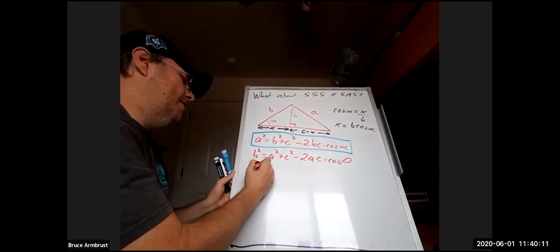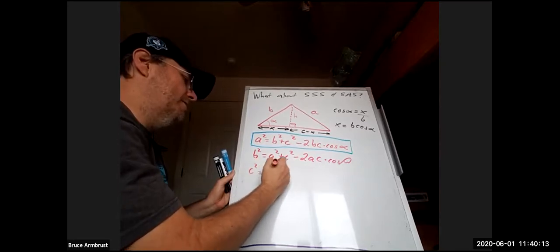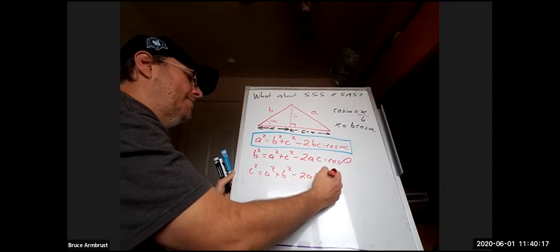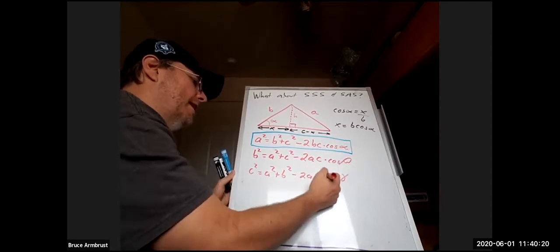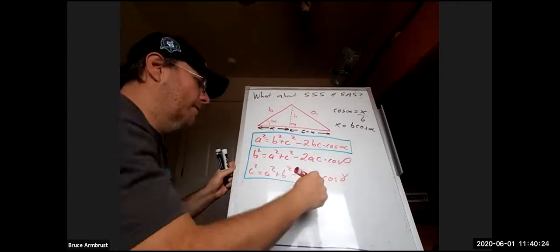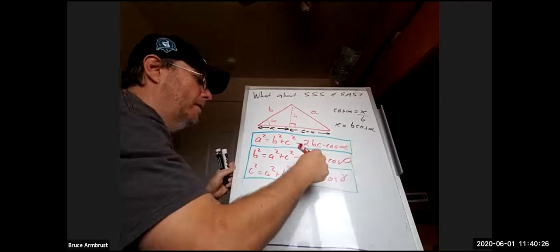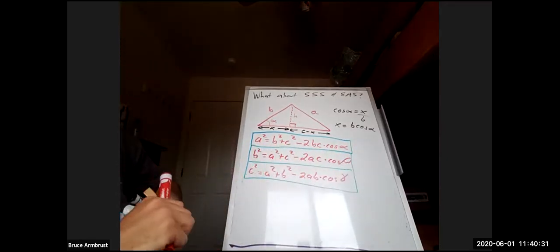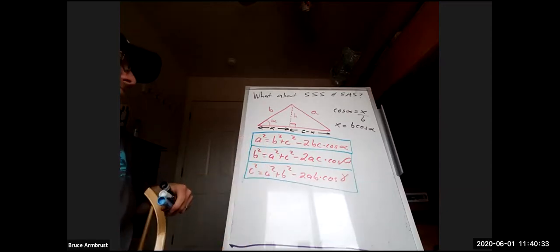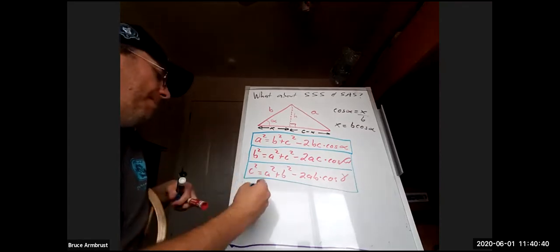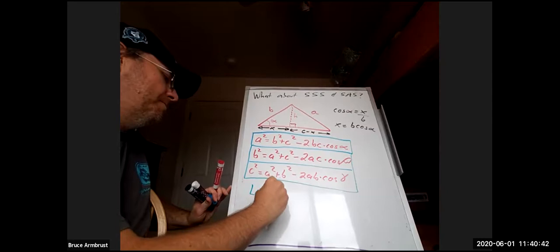And then the one that has c, it's c squared equals a squared plus b squared minus 2ab times the cosine of gamma. So in terms of the forms, if you know one of them, it's really easy to get the others. You just swap some letters and call it good. All right, so there you go. There's the law of cosines.